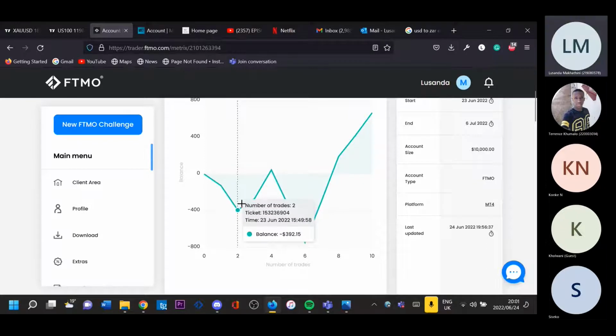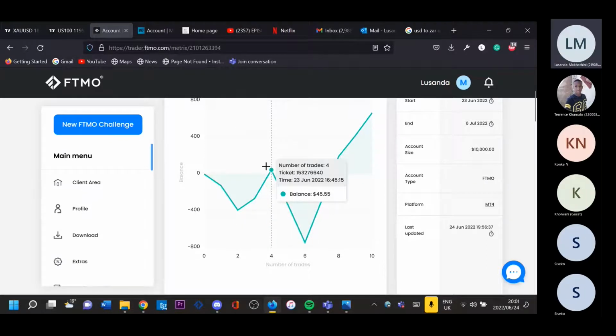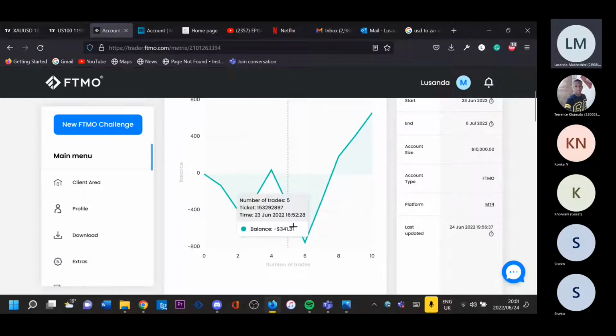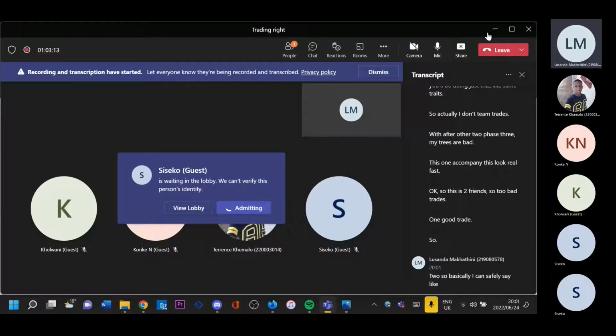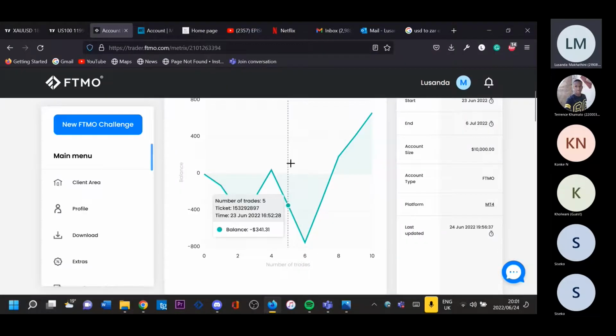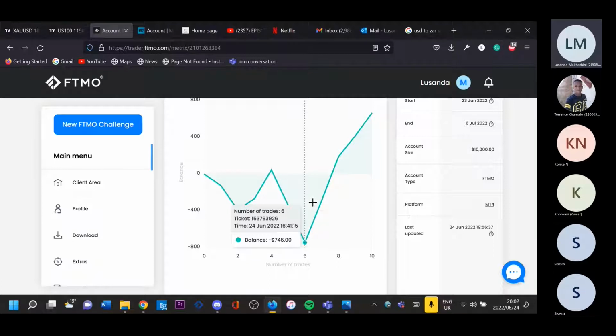So basically, I could safely say from here that my strategy is like 60% profitable. I was actually kind of right about it being above 50. Judging from this period of 2 days and me taking these trades, out of 10 trades, I know I can get six right and four off.